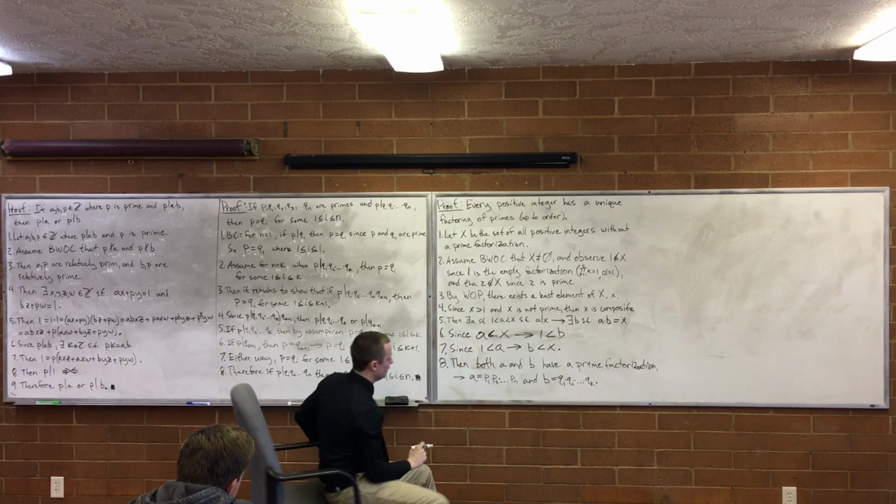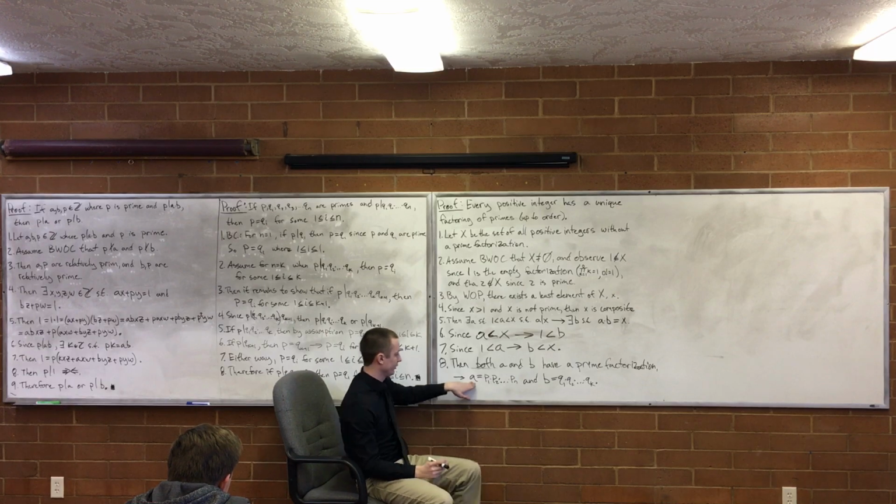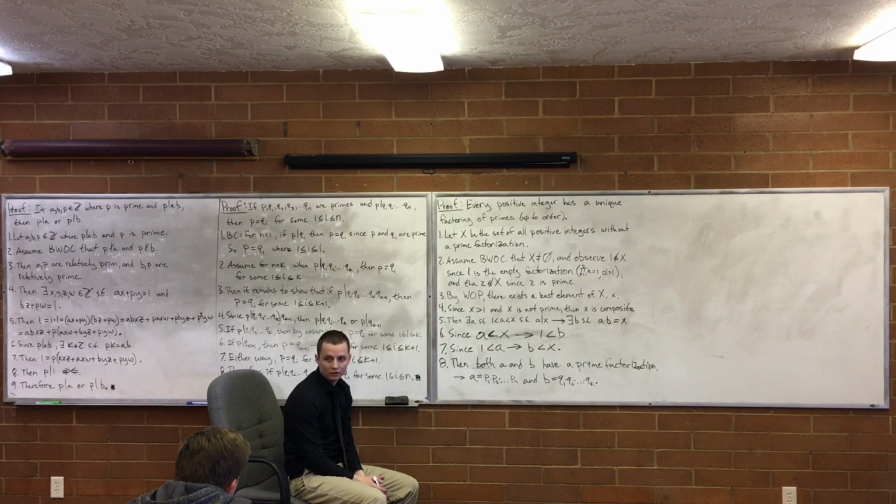Right? If a and b have some prime factorization, there's some number of primes I can multiply together to get a, and some number of primes I can multiply together to get b. You with me on that?